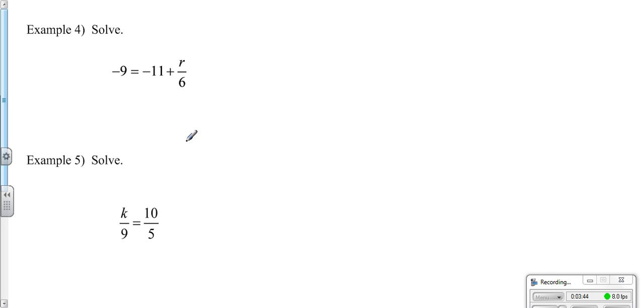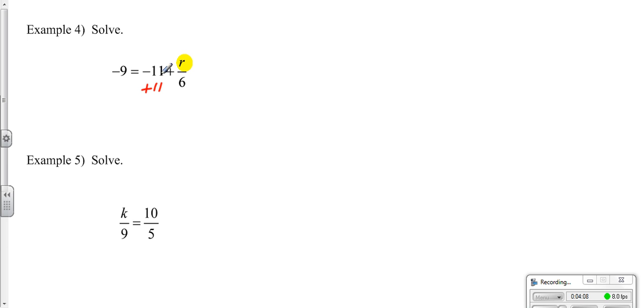Again, we're going to solve, so we're going to find the variable first, and we want to get that by itself. We would do addition and subtraction first before we deal with the dividing by 6 here. Now you have a negative 11 on this side, and that's the same as minus 11. So we're going to add 11.